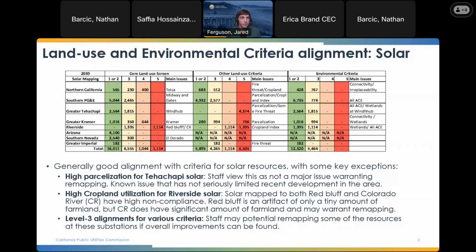So those also could potentially get remapped. But it's not an urgent priority for those because they're still within the acceptable range of our criteria. Next slide, please.